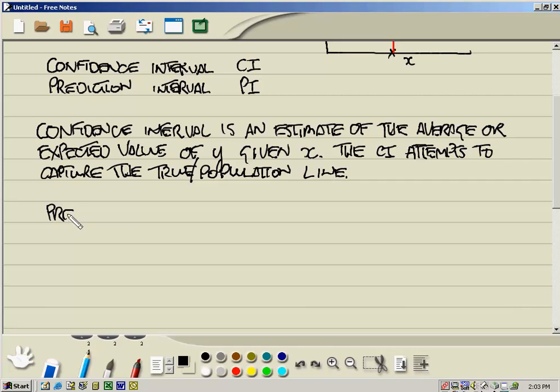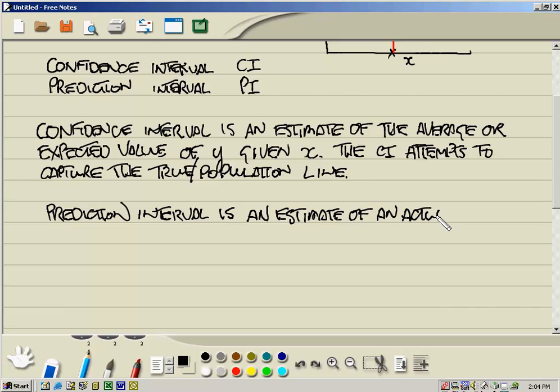The prediction interval is an estimate of an actual or observable y.